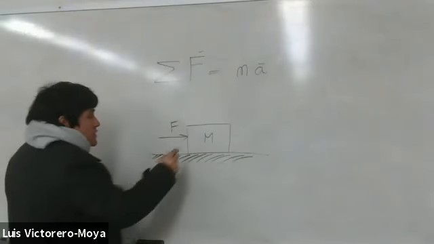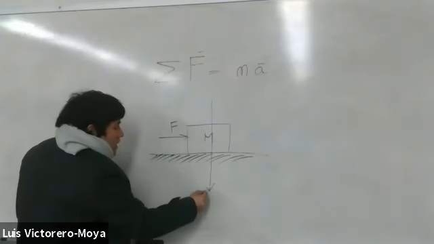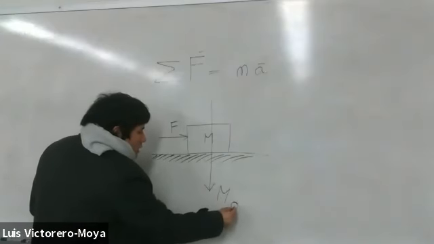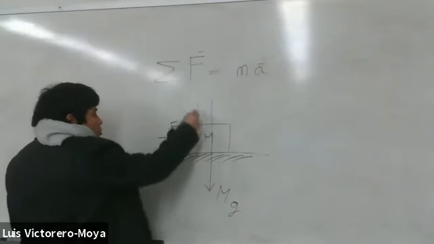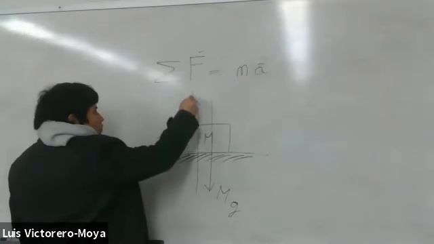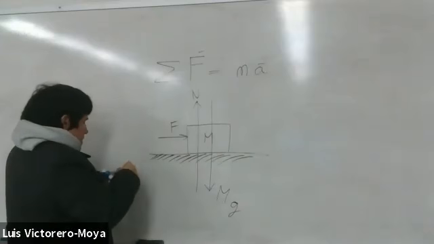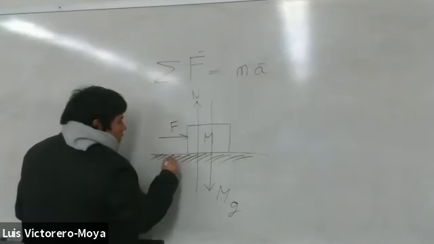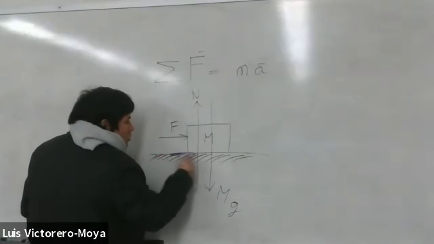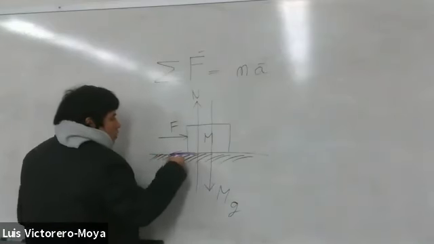What happens is that because the body has a large enough amount of weight, which happens to be the normal force, the friction is acting between the floor and the body.